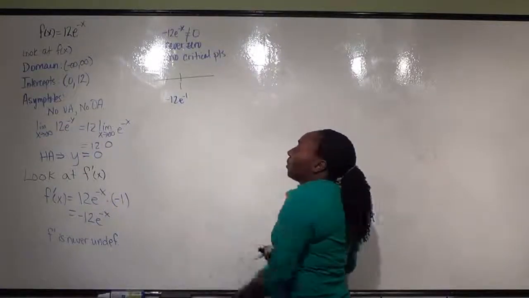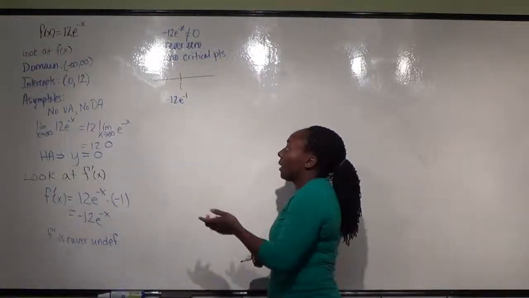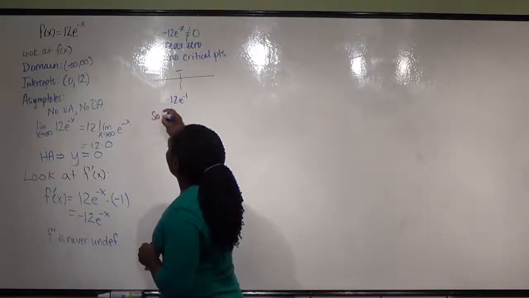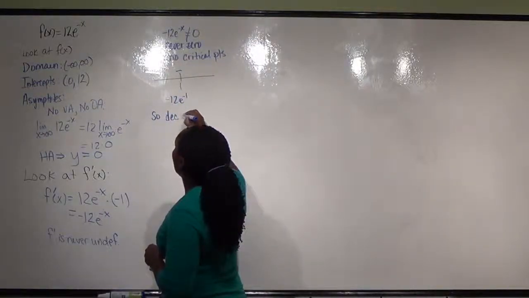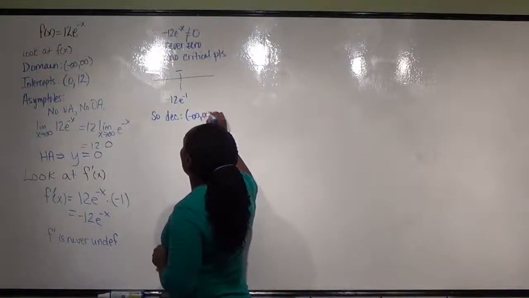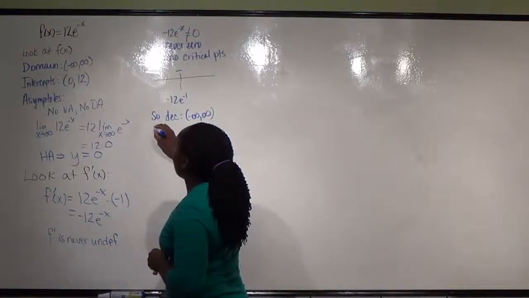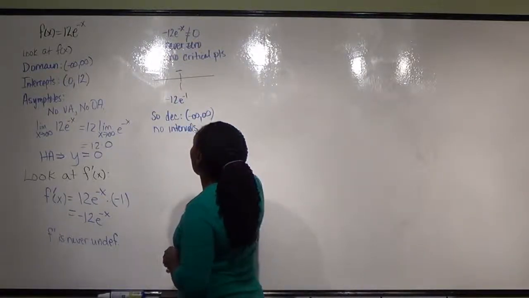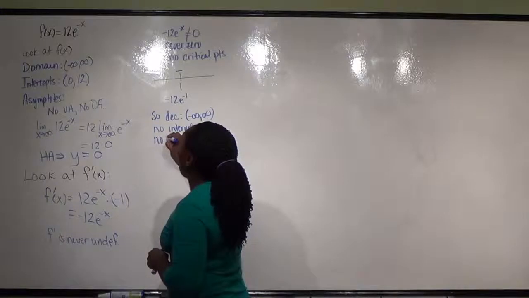Well, e to the negative 1 is still positive, but that negative 12 out there means that's negative. So this is decreasing from negative infinity to infinity, which means there are no intervals where it's increasing and no extrema.